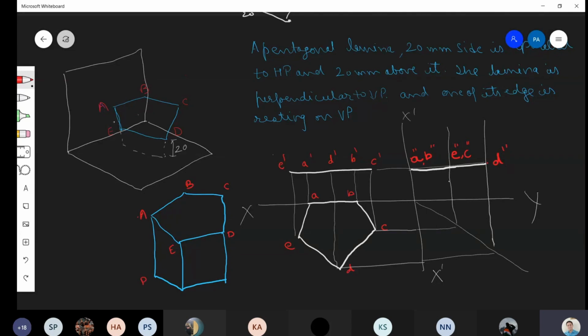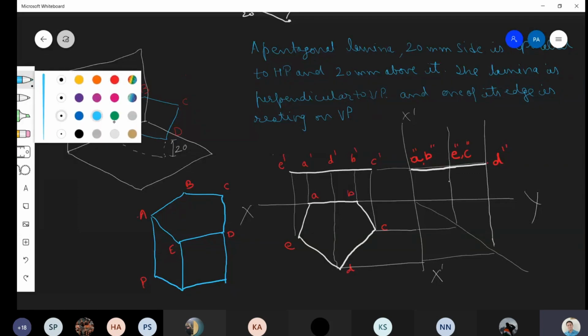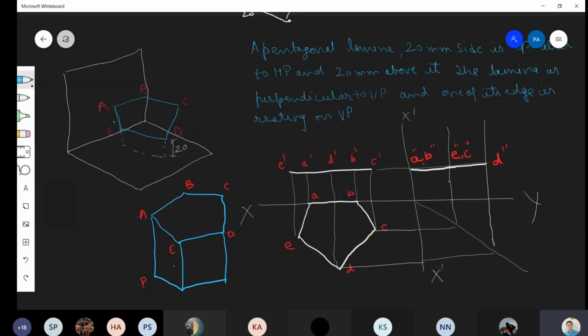Now if I make it 3D, it will be more clear to you. Like this. Can you see this as a pentagonal prism now, all of you?